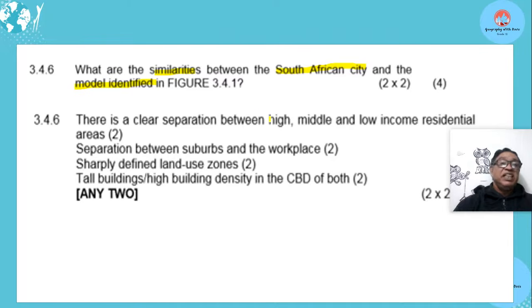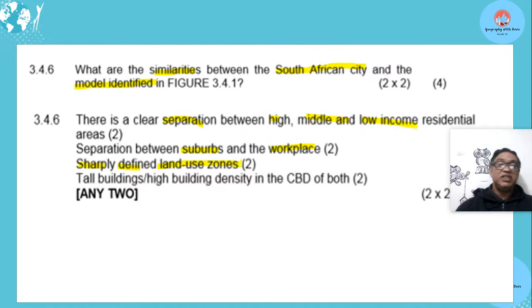All right. There's a separation between high, middle, and low income residential areas. There's a separation between suburbs and workplace, or the higher income areas and workplace. Rich people are now living outside in the rural urban fringe, etc. And now we notice the sharply defined land use zones.